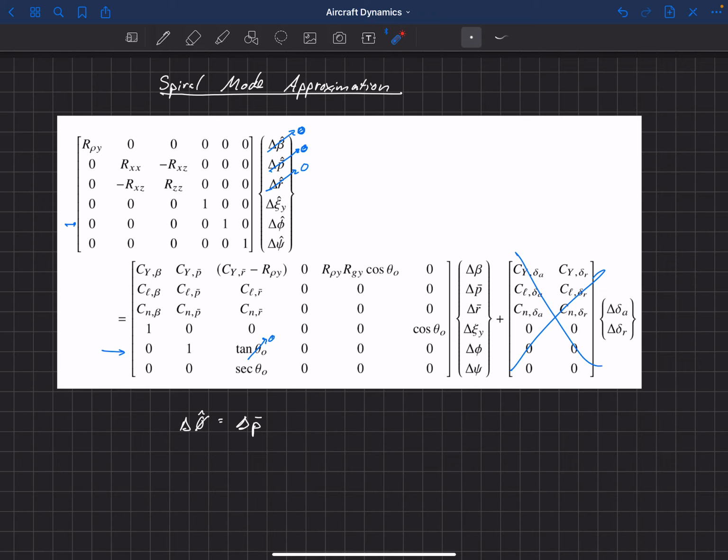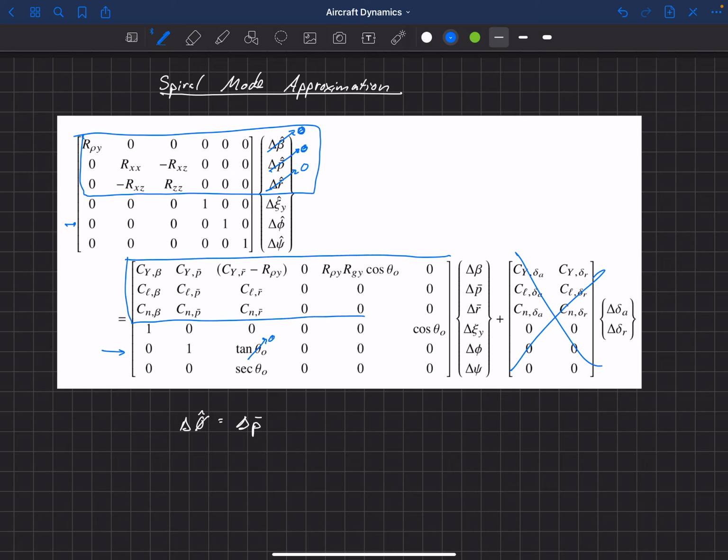Then it turns out that the top 3 equations here decouple and are just algebraic equations. These 3 have 0 on the left-hand side. We can look at these 3 equations multiplied by this vector here, and that whole thing has to be equal to 0.